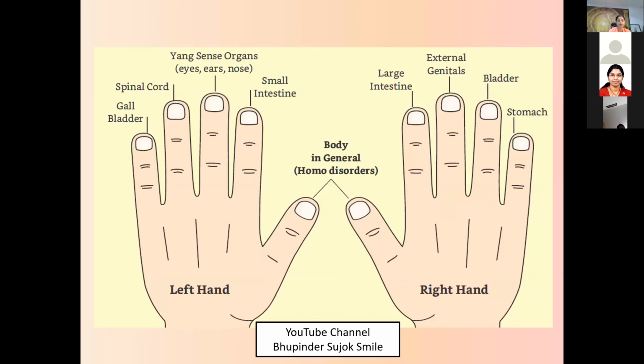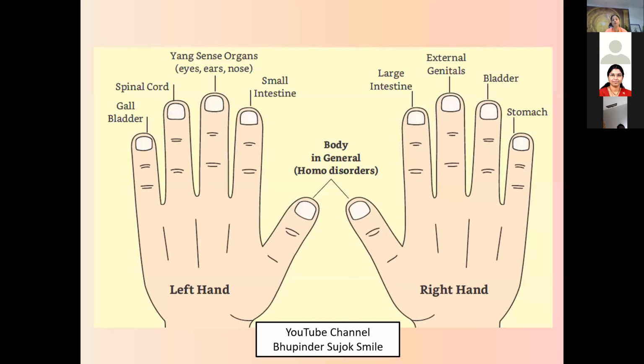So spinal cord, ring finger, then yang sense organs. Last time we did not discuss yin sense organs, and we will discuss them today. So yang sense organs: eyes, ears, nose, and index finger, small intestine. And then we also discussed that on the thumb, this is the body in general, the whole body disorder, meaning any kind of body problem.